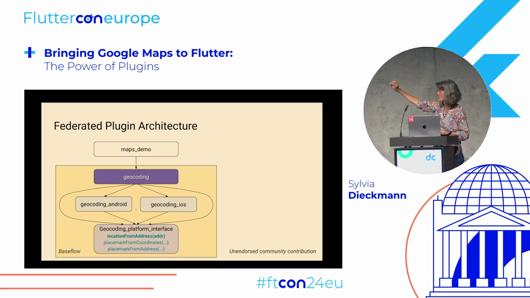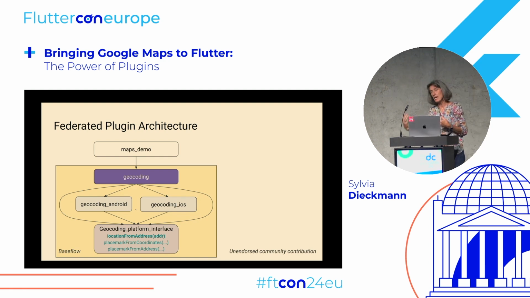It refers to another package, the geocoding platform interface. This interface is important because it lists all the functionality that is exposed to the caller. And then it has two or many other packages, where each package represents a platform and implements the platform interface. So this is what Baseflow published.